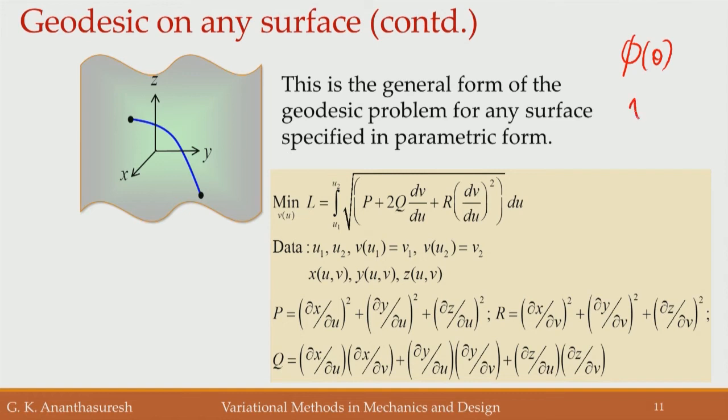Here we consider v as a function of u, because you have 2 degrees of freedom, but you are constrained to move along a curve, so one of them has to be made independent, the other dependent. Here we have chosen to make u independent and v dependent on it. We have to find the function v of u, then we would know where the points on the geodesic will be.